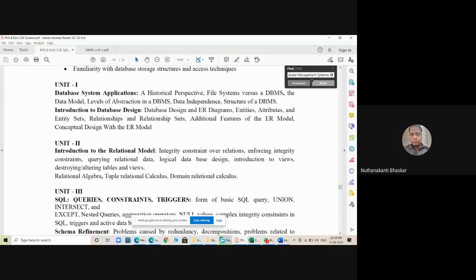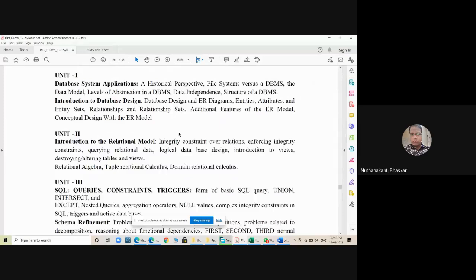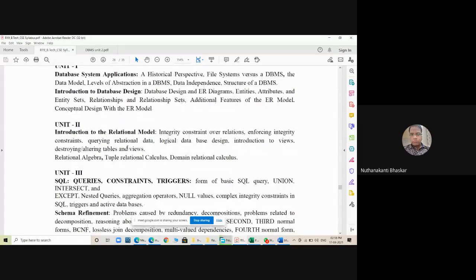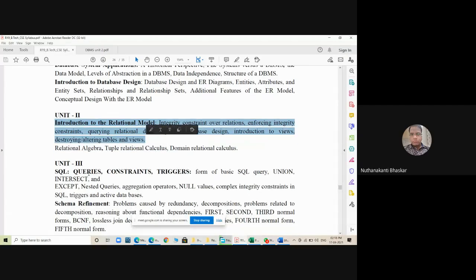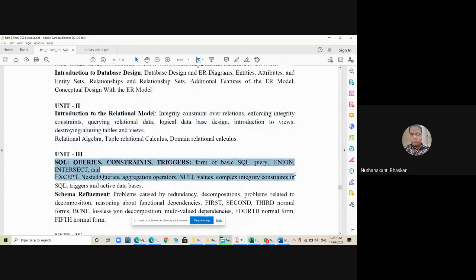Coming to the second unit, the first half is completely SQL queries. In the laboratory we are discussing SQL queries, so this second unit first half, as well as the third unit first half, come under SQL queries.